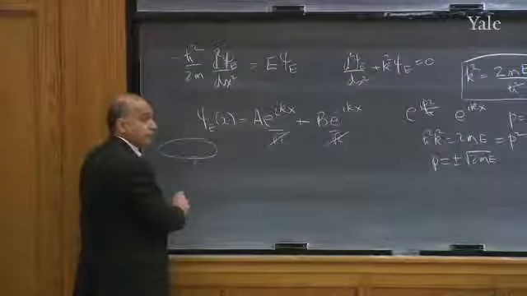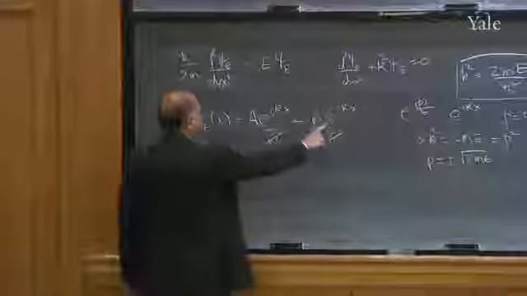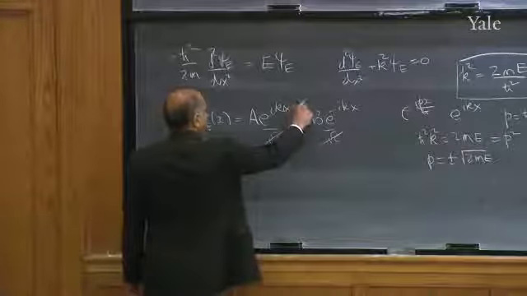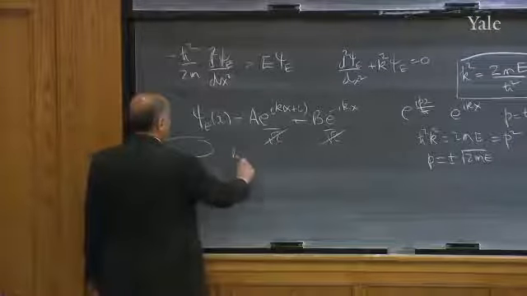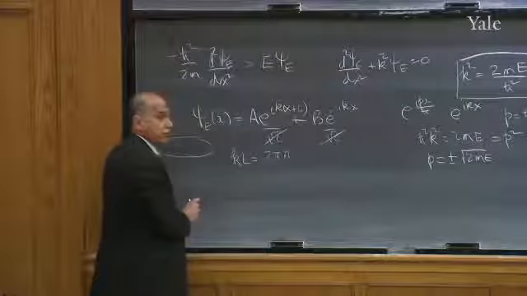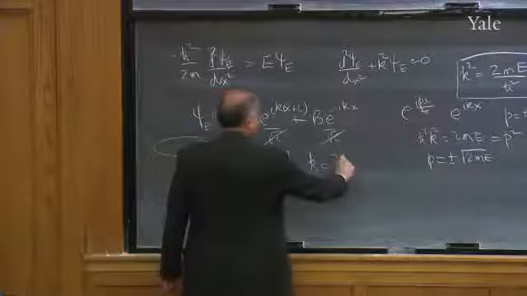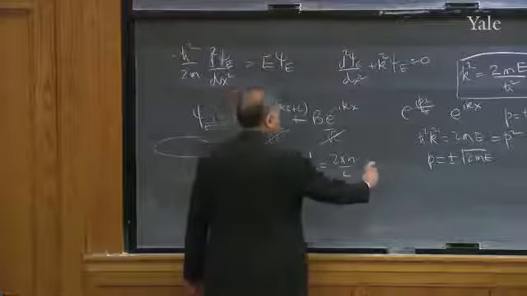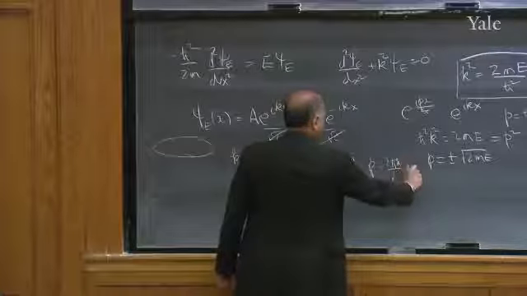The other result from quantum mechanics, which is surprising, is whereas a particle on a ring can have any momentum, in quantum theory, the demand that when you go around the ring, if you add an L to the x, you should come back to the same function, makes the requirement that KL is some multiple of 2 pi. That means K is equal to 2 pi n over L, or P is 2 pi h bar over L times n.